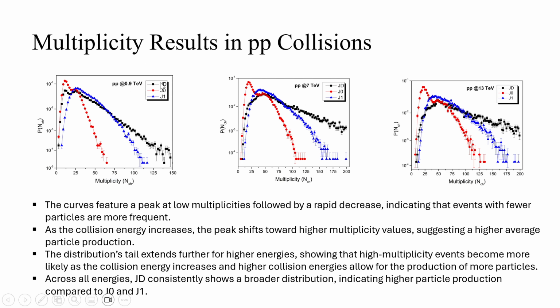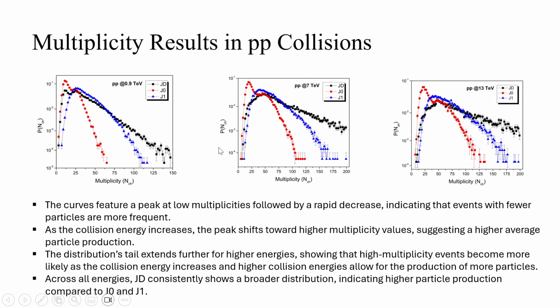When we set it as 0, the jet is off, and 1 means we set the jet value as 1. This remains the same for all three different energies. Jet is set as on, off, and value 1, and we check the differences.